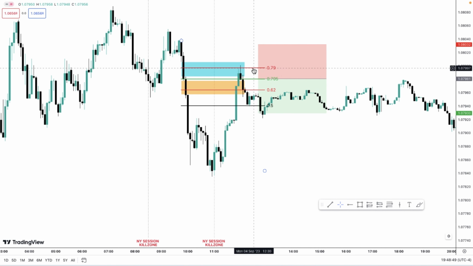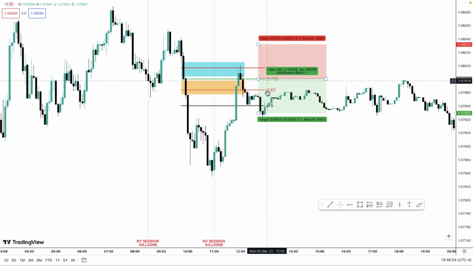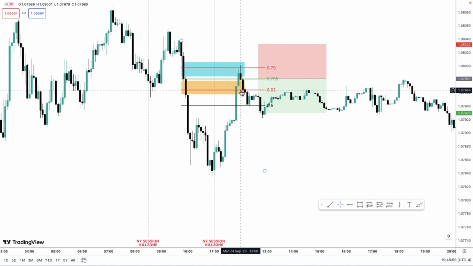As you can see, the 70 is the one in between the 79 level and the 62. In the middle is the 70. Most of the time, price will not even trade to the 79. Most of the time, it's going to trade to the 79 using a wick. You don't even expect price to trade to the 79.